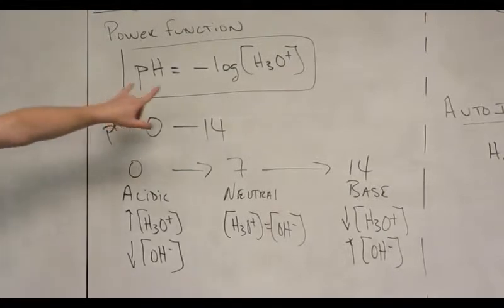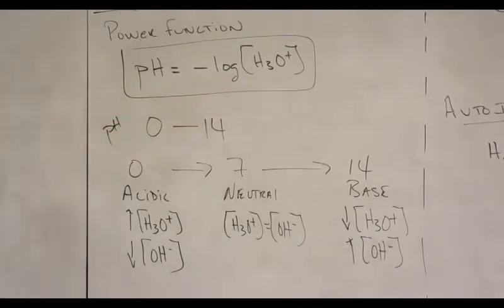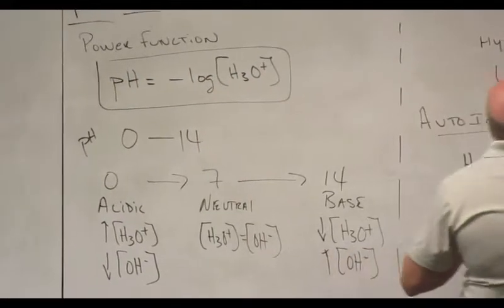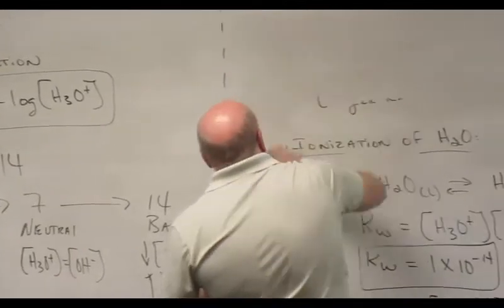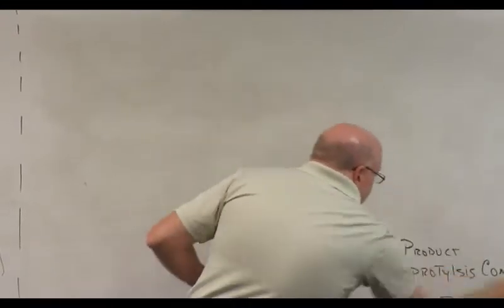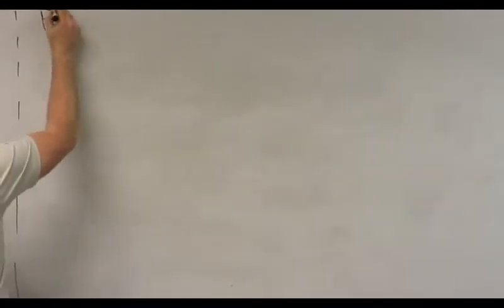The power function here isn't restricted to the hydrogen ion. We have power functions for any species we can look at. This is the one everybody knows, but there are other ones. The other one that falls perfectly in line here is the pOH. pOH is another power function.